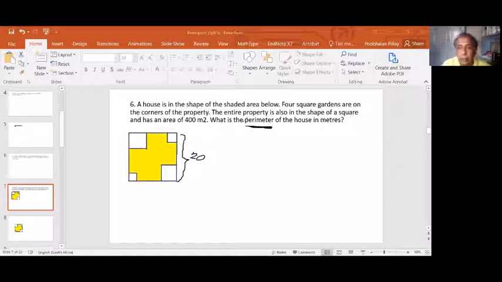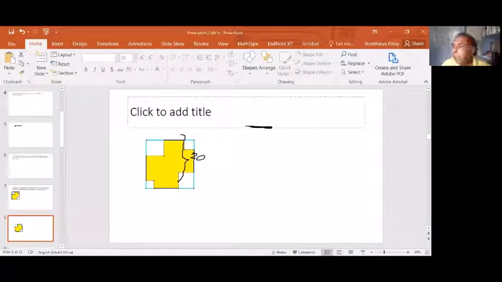Let's get to the next picture. I've redrawn this thing. Just bear in mind the side of this square is 20. Now this is the original thing.